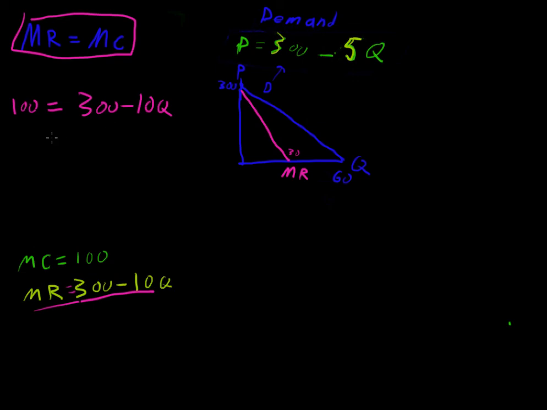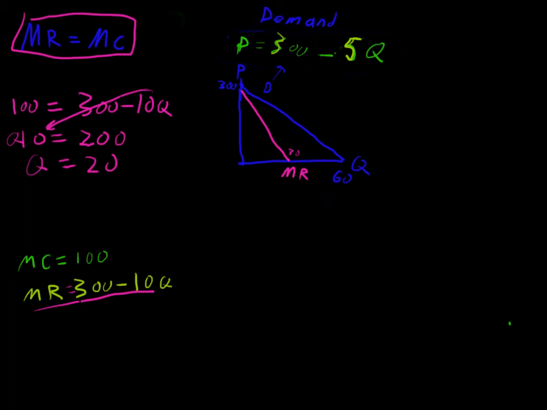This is the quantity that our monopolist decides to produce. So 300 minus 100 is 200, and we flip this onto the other side. The 10Q term goes down here, and then we solve: Q is equal to 20.